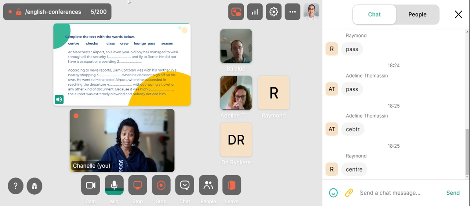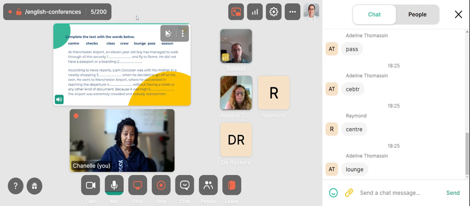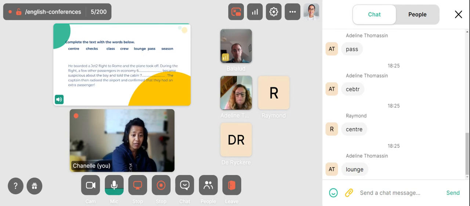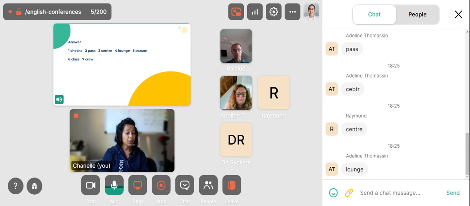Okay, so we're going to have a look at that one at the end. And without having a ticket or any other kind of document, because it was high season at the airport, was extremely crowded and nobody noticed him. So what we have on the next page is number 1 was checks, pass, center, lounge, season, class, and crew.